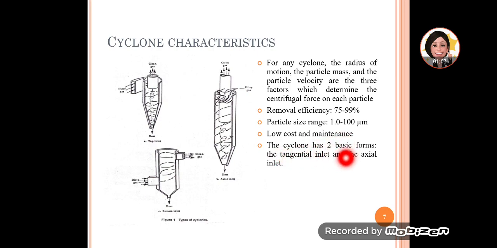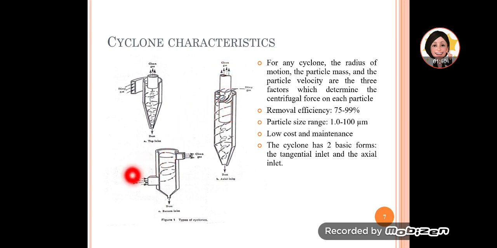So the cyclone has two basic forms. One is a tangential inlet and the other is the axial inlet. It's clearly shown in this diagram. This is the tangential inlet, where the dirty gas goes in tangentially into the cyclone, and this is the axial inlet, where the gas goes in in axial form, still at the top, and then it still follows the same cyclone principle, and the gas is let out.